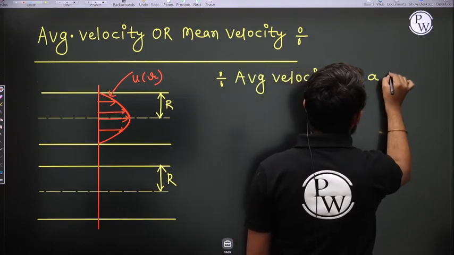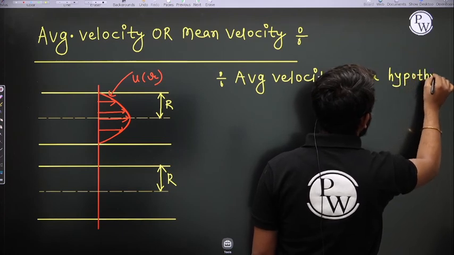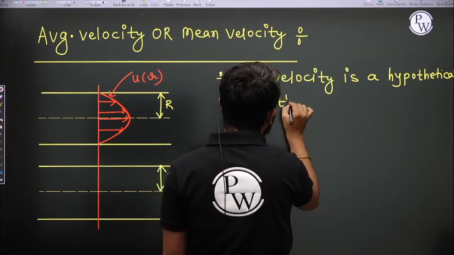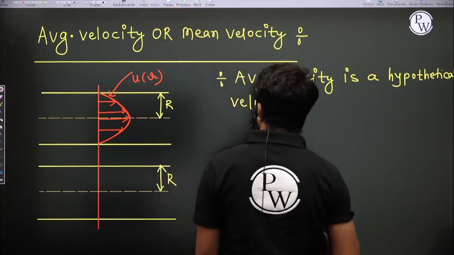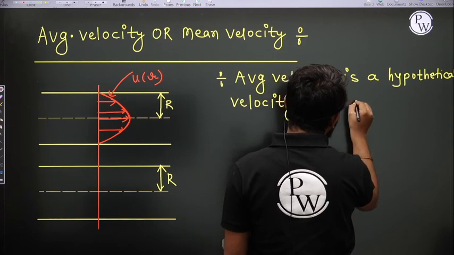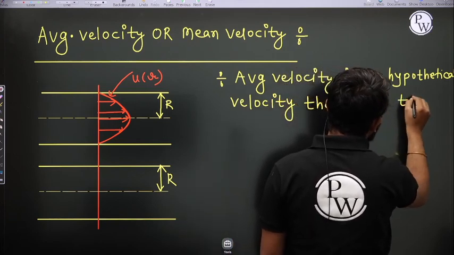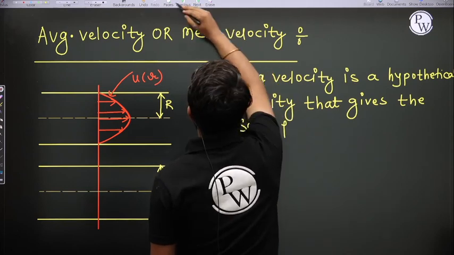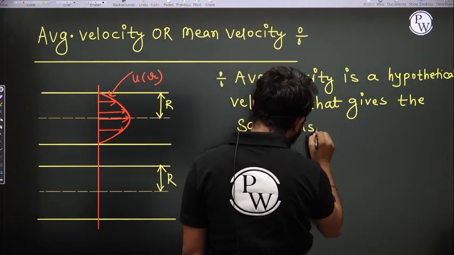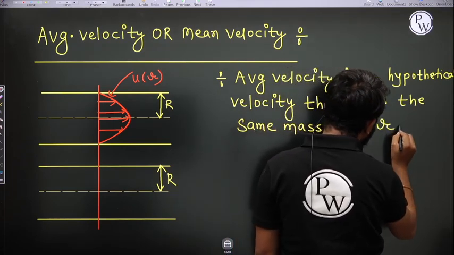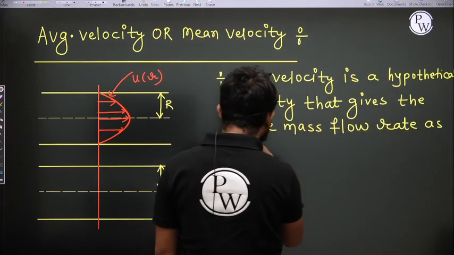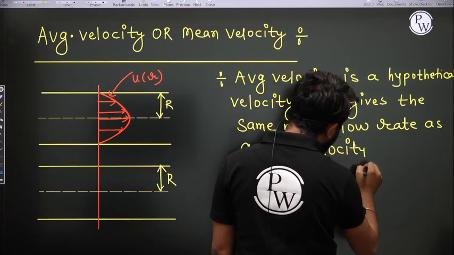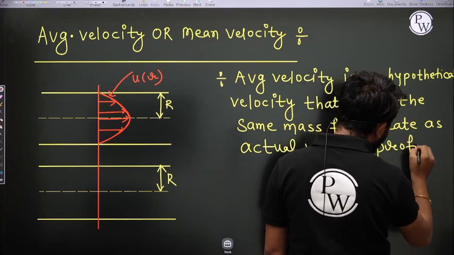Average velocity is a hypothetical velocity that gives the same mass flow rate as the actual velocity profile gives.